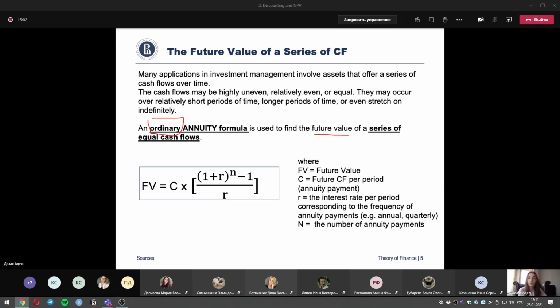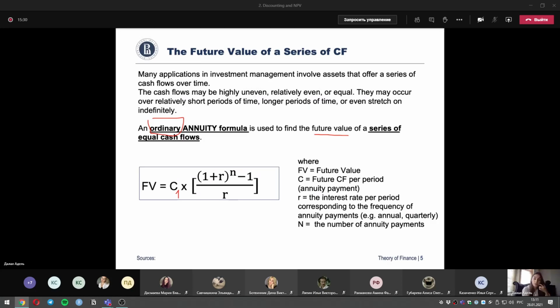I won't elaborate on this now. Maybe you will cover it during your lecture. Here, we just have to practice this formula. So this is for future value, again, for cash flow starting in 1 year.